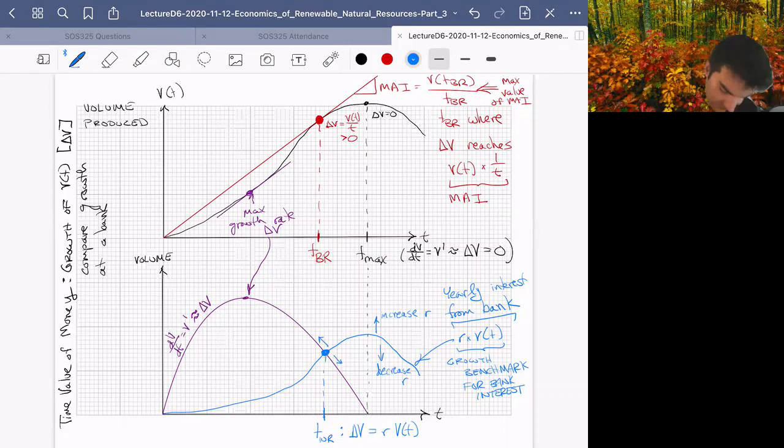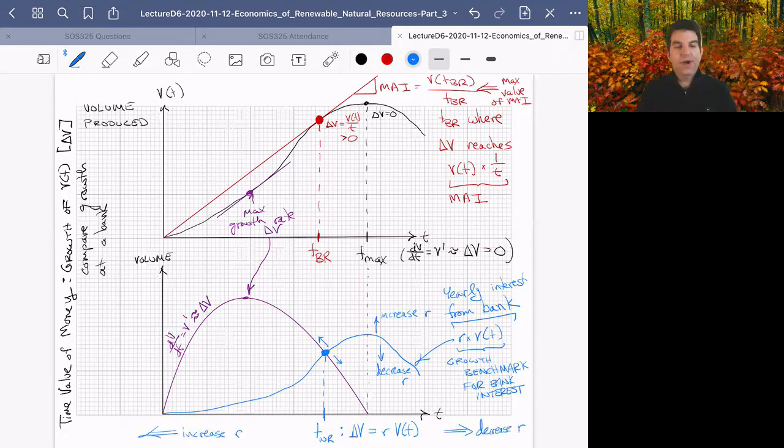So just in general, this is what happens when you increase R, and this is what happens when you decrease R. As the bank becomes a better investment, you cut your trees sooner, because you can't afford your trees to move into a region of slower growth. And so the Wicksell rotation helps us see that.